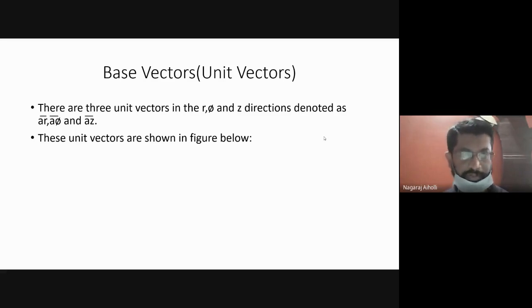These unit vectors are R, phi, and Z, which are mutually perpendicular to each other. There are three unit vectors, in the R, phi, and Z directions, denoted as AR bar, A phi bar, and AZ bar, which are mutually perpendicular to each other. These are shown in the next figure.